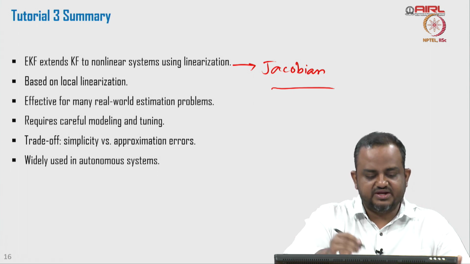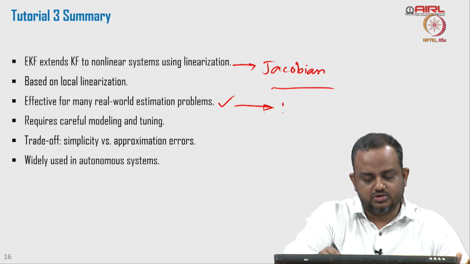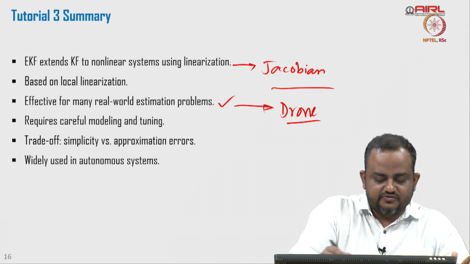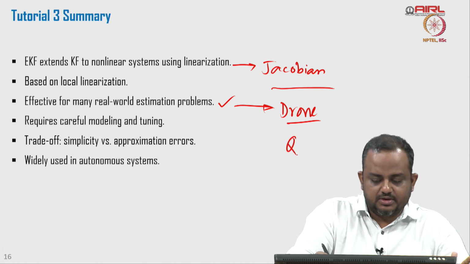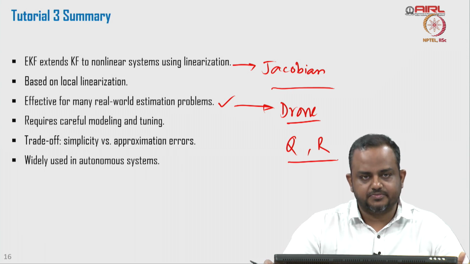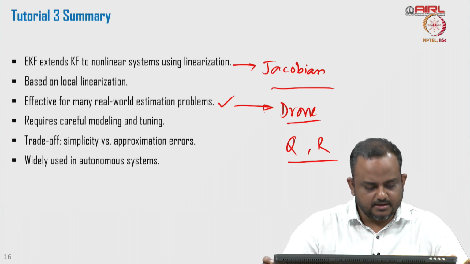It is effective for many real world estimation problems, specifically for drones, where the EKF has lots of uses. It requires careful modeling and tuning. If we do not have Q and R properly tuned, then sometimes it can diverge. So modeling and tuning is a parameter of high consideration.